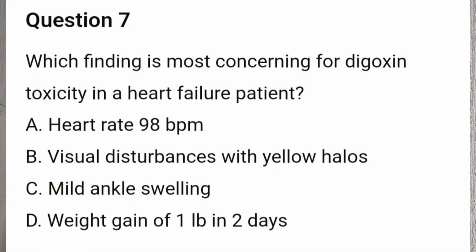Number 7. Which finding is most concerning for digoxin toxicity in a heart failure patient? So a patient on digoxin has developed toxicity, which finding is concerning? A, heart rate 98 beats per minute. B, visual disturbances with yellow halos.